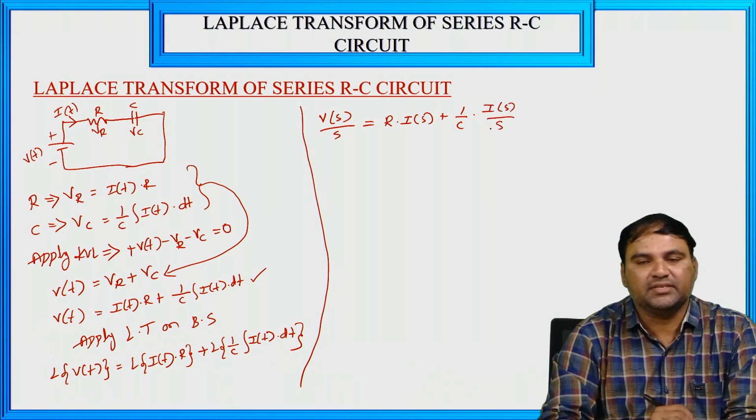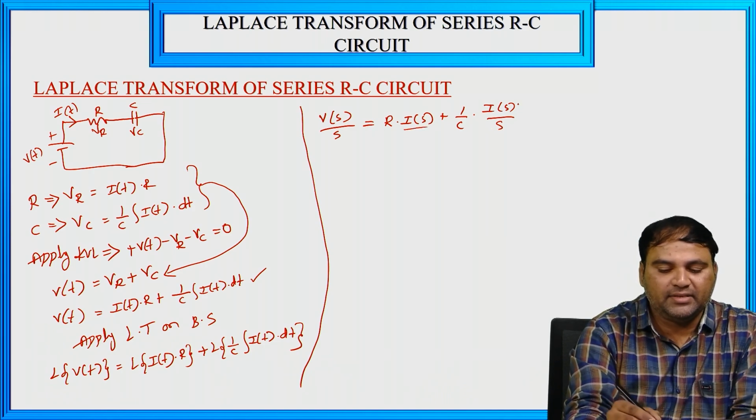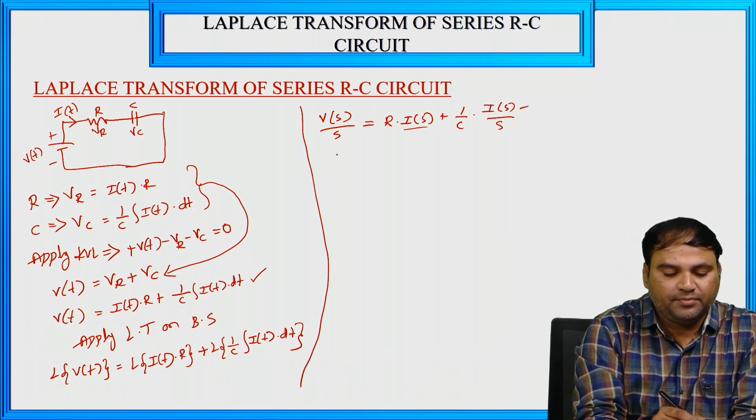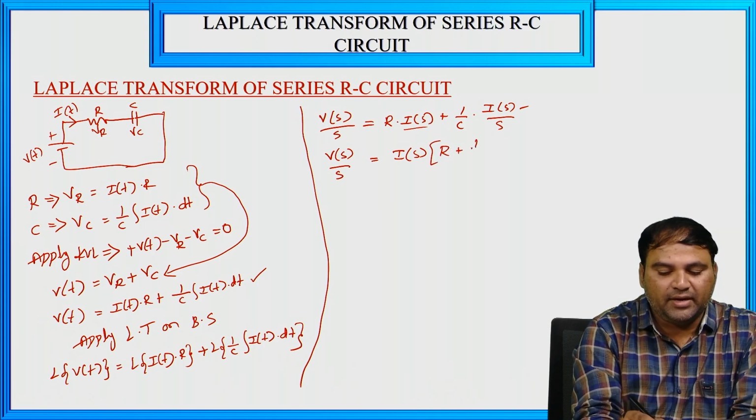Now take I of s as common. So V of s by s equals I of s into R plus 1 divided by Cs.